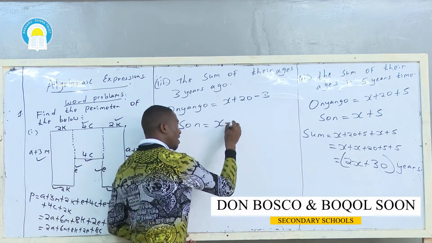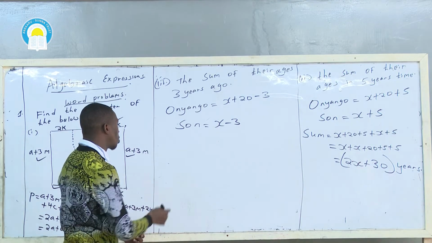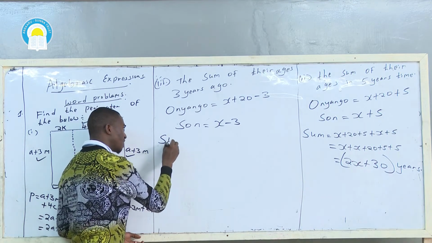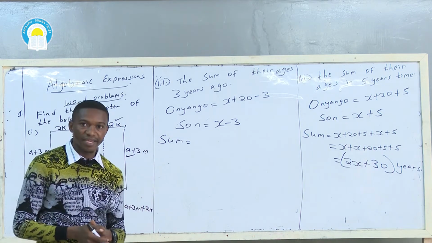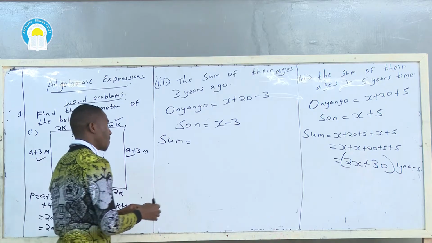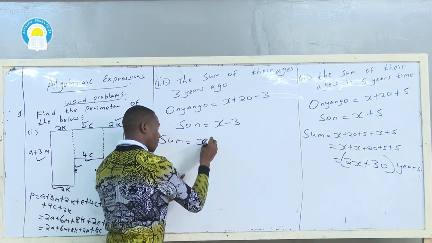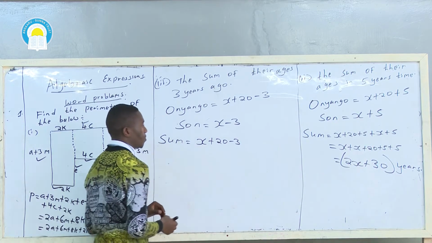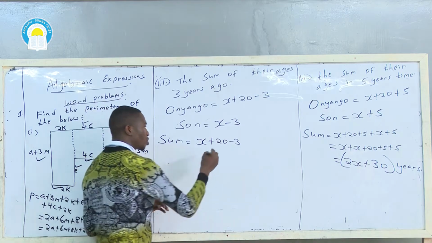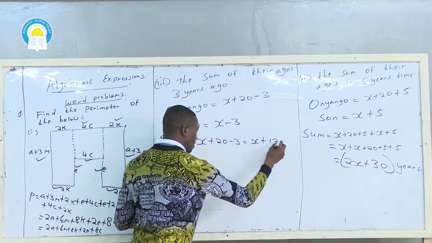X minus 3. So the sum of their ages 3 years ago will be Mr. Onyango's X plus 20 minus 3, which will be equivalent to X plus 17.